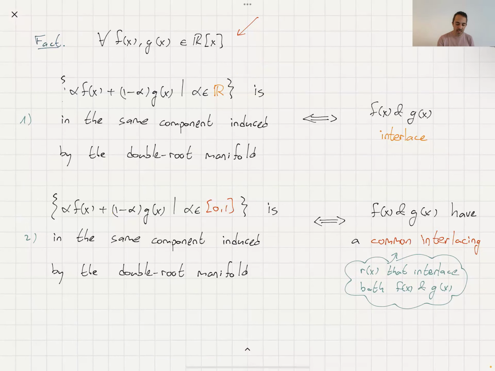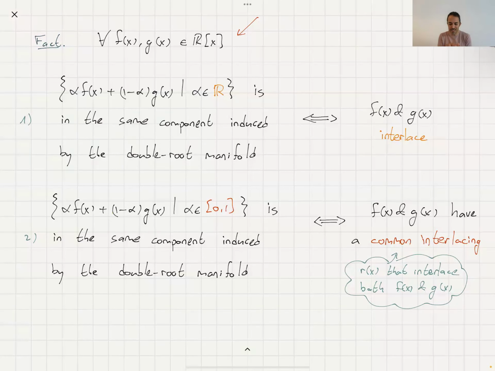So say that not only is this line segment connecting F and G contained in one component of this manifold, namely it doesn't intersect the manifold, the entire line, then in such a case, F and G interlace in the sense that we talked about before.